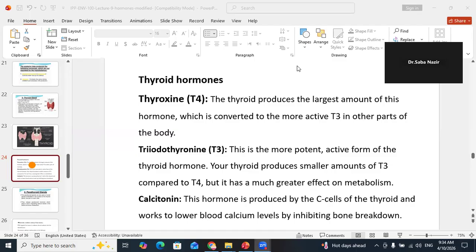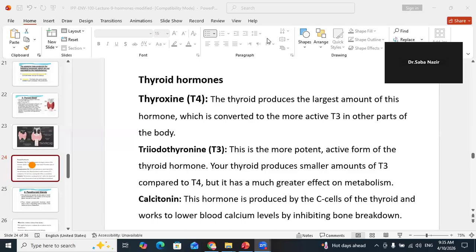The thyroid produces a large amount of T4 hormone, and it plays an important role in different parts of the body. Triiodothyronine T3 is the more potent and active form of thyroid hormone. So if the examiner asks you which is the more potent and active form, you should know that out of T3 and T4, triiodothyronine is more potent.